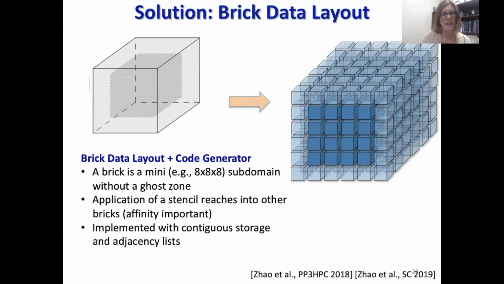Maintaining this layout is implemented by having individual bricks be contiguous in memory, but the neighbors we keep track of through adjacency lists. So we said this earlier, we have a logical ordering that's captured with adjacency lists, and the physical ordering could be something different.